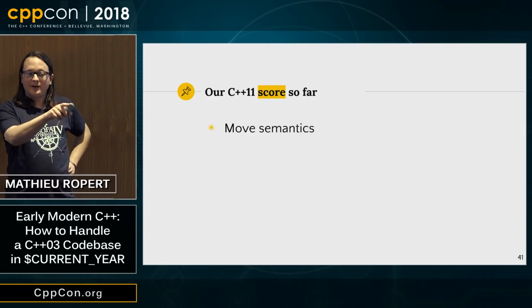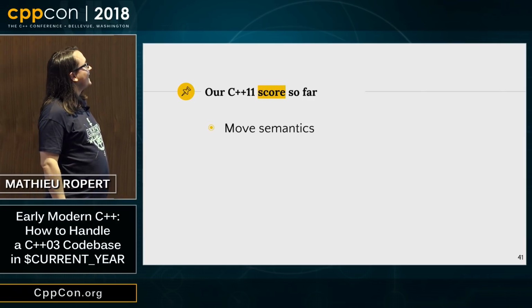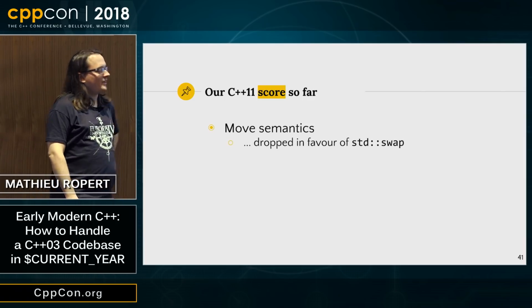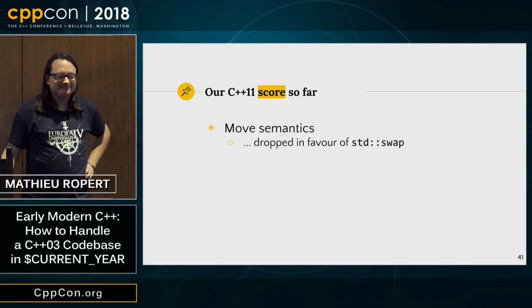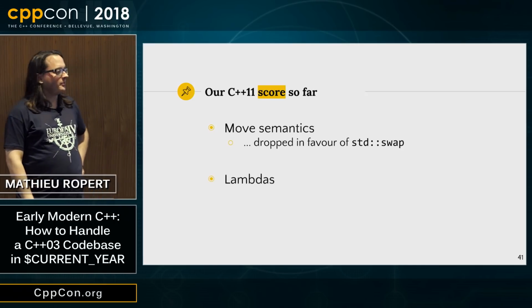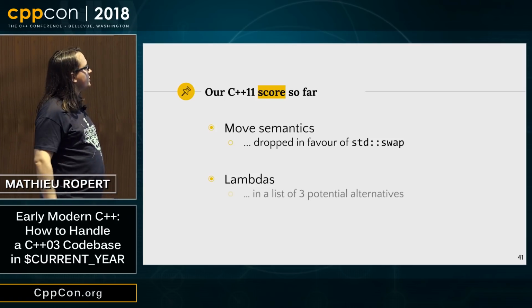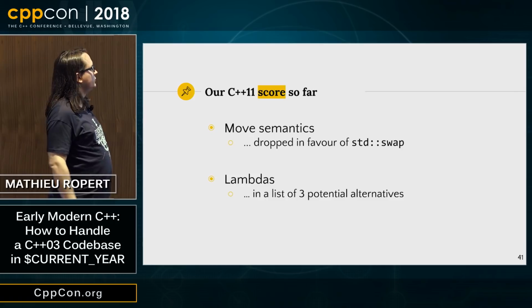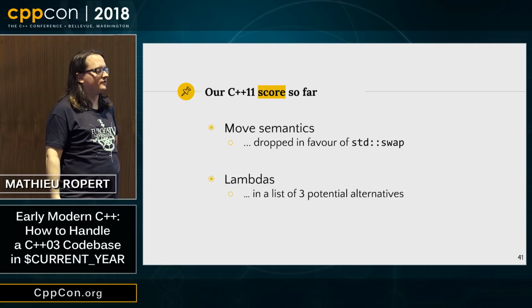Remember, you answered move semantics first and that was the wrong option. But after that, since it was bad and you should have said swap instead, we dropped it. I mentioned lambda in some slides. And forget I mentioned enum class, I changed the slide at the last minute, but I can give you this. All right, but lambdas was one of the first three potential alternatives, right?